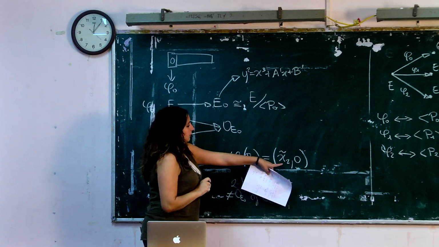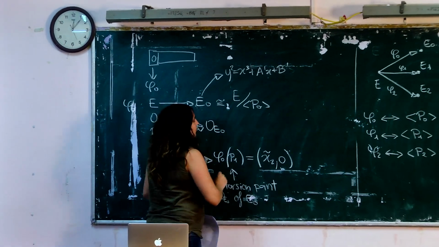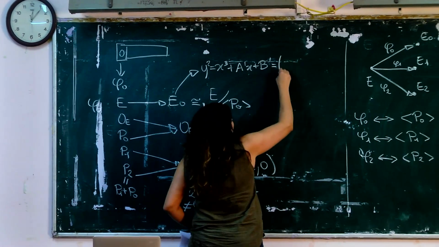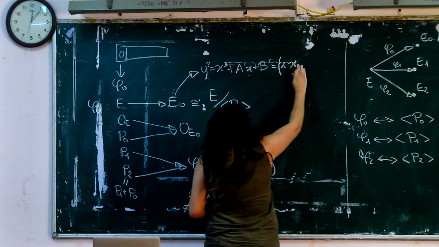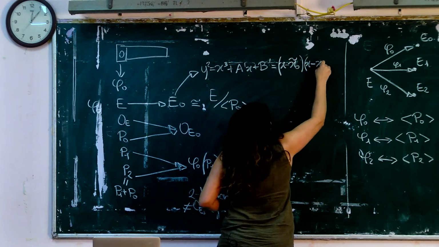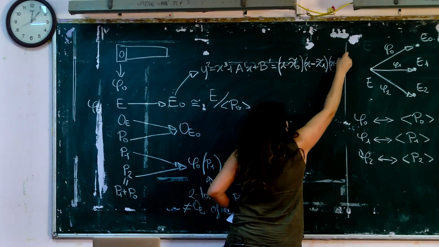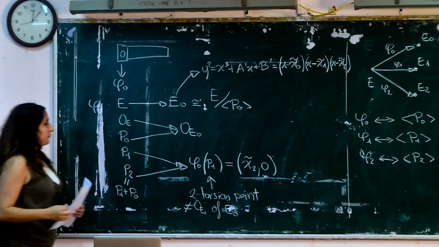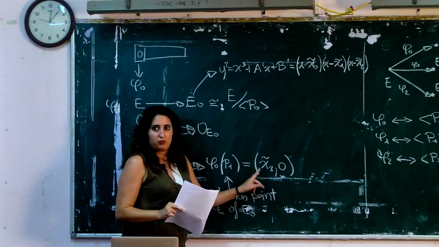So basically this is a root of that polynomial. So we have that these factors are x minus x0 tilde, x minus x1 tilde, and x minus x2 tilde. So why do we need to know this?